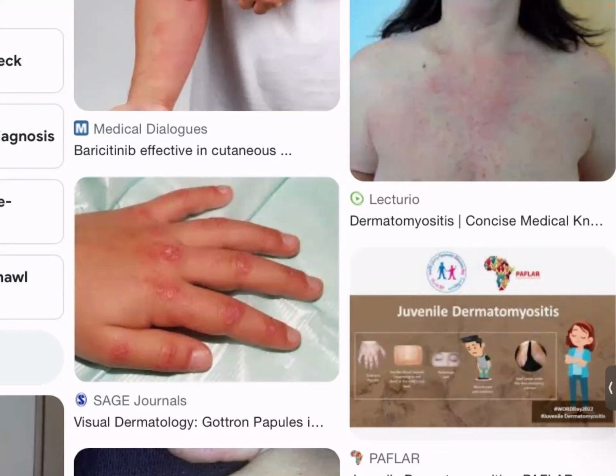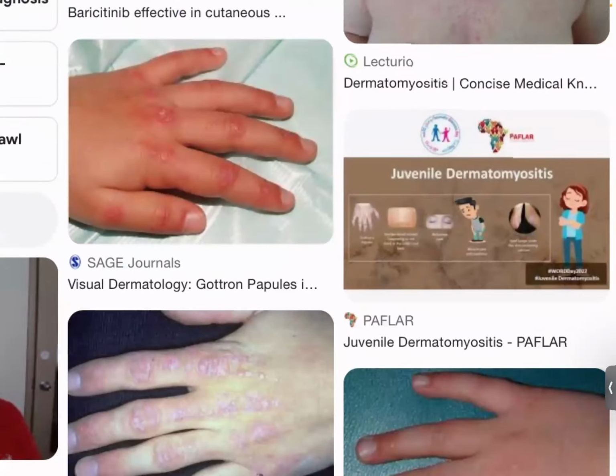There will be hyperkeratotic silvery scales. If you scratch these scales, there will be bleeding under the skin rash. This is the characteristic lesion in case of psoriasis.